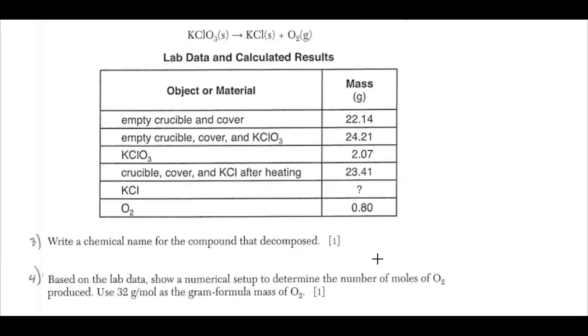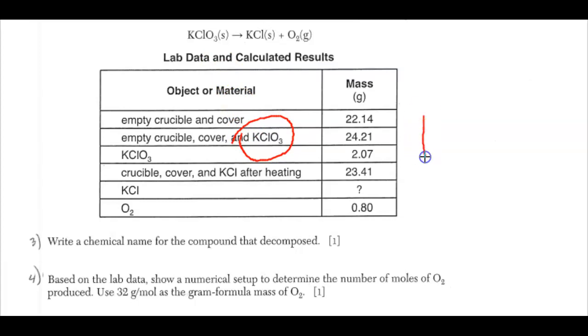All right, so for question 3, write the chemical name for the compound that decomposes. Well, the compound that decomposed was the KClO3, which you can get from the equation, and you can also get that right from here, right? That's our starting material. Well, K is potassium.